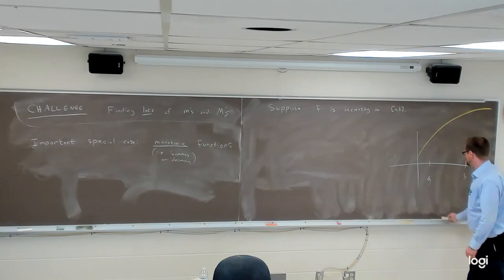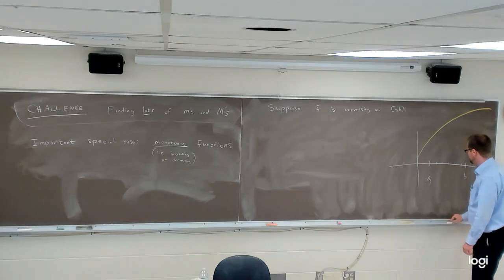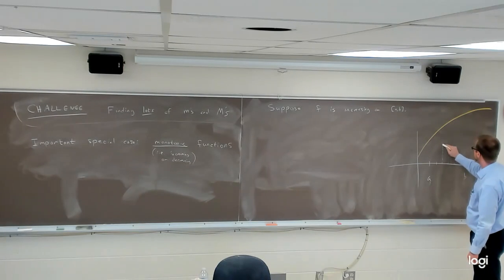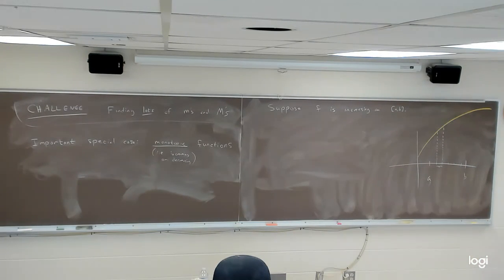And I'm going to chop this up into a bunch of subintervals. And I'm going to think about one particular subinterval, thinking about what happens between here and here. How do I find upper and lower bounds for the values of the function on this subinterval? Do I need to take a derivative and set to 0?